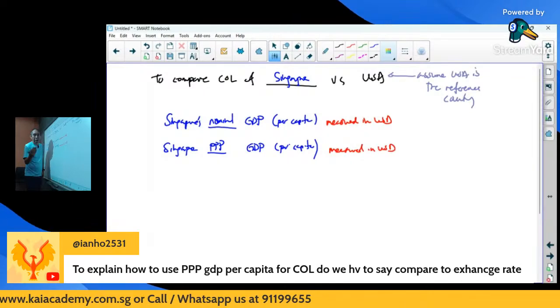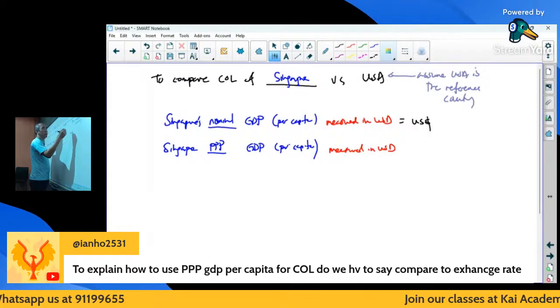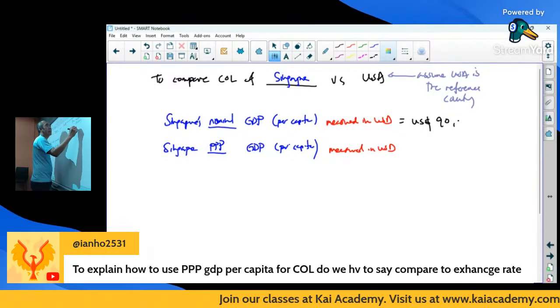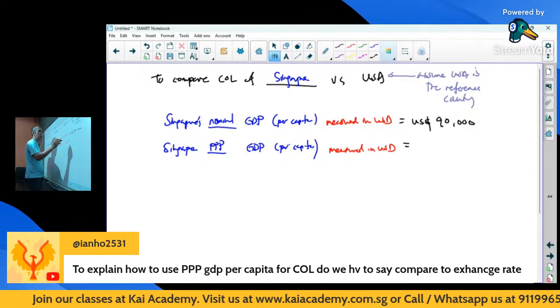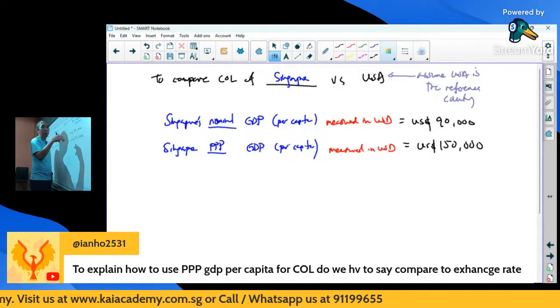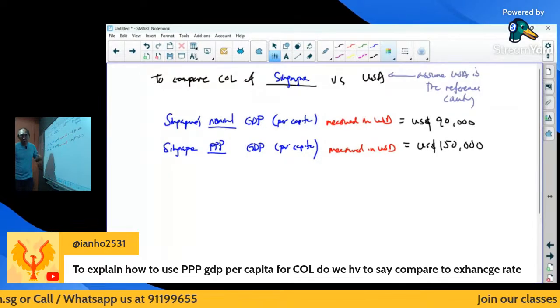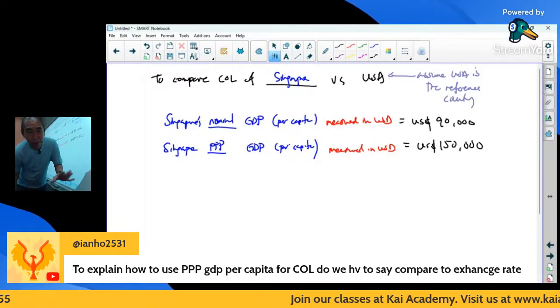So for instance, if this is Singapore's GDP per capita measured in US dollars, is let's say $90,000. I'm going to round off to one significant figure. And then if you look at our PPP, our PPP is let's say 150,000 US dollars, for instance. So these two numbers are both for Singapore value. So I emphasize both numbers are for Singapore value.